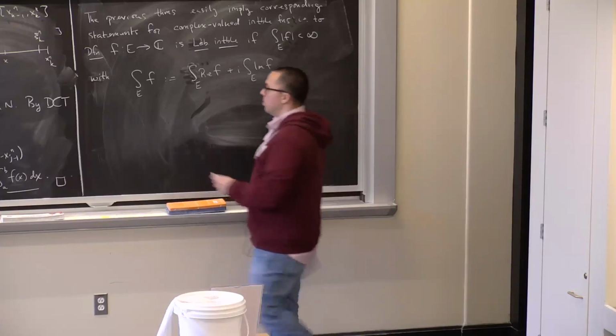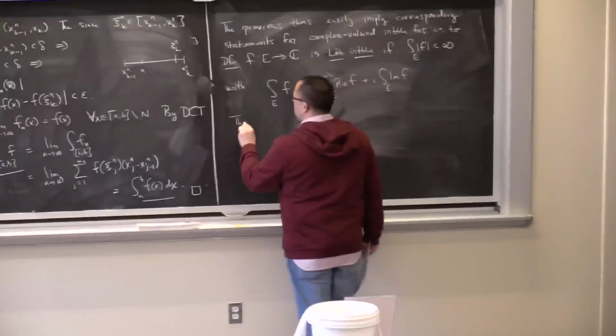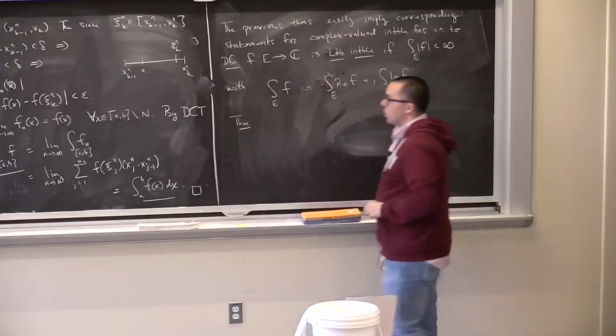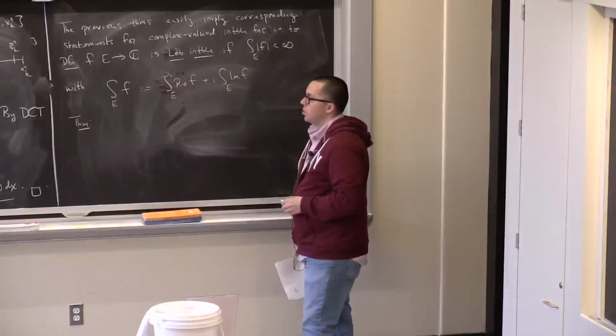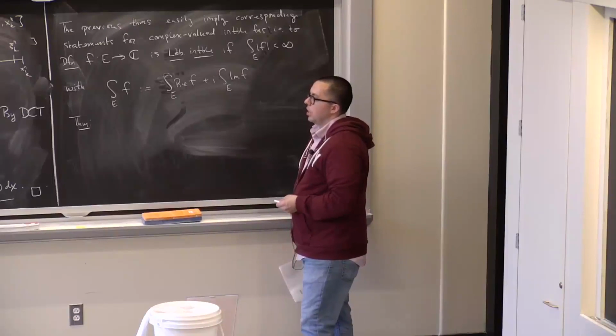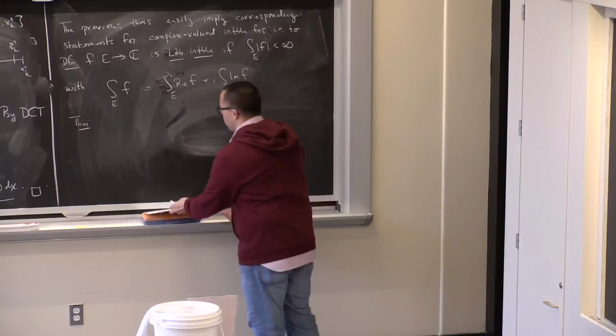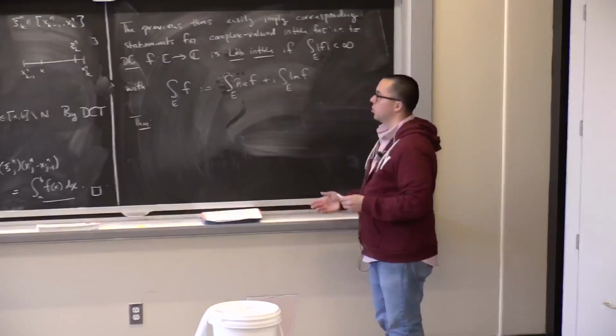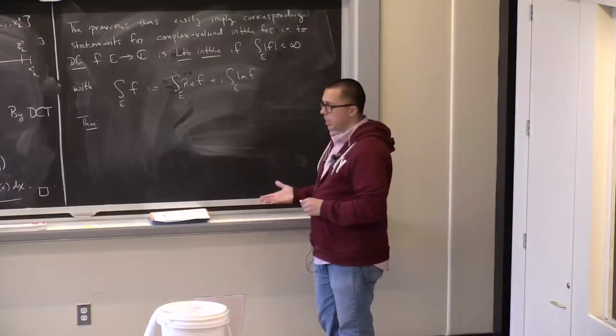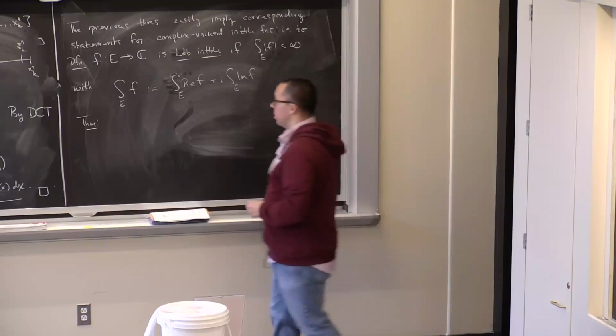Okay? Maybe what's not so clear is, or let me just at least give you the flavor of how you can use what you know about real valued integrable functions to get corresponding statements for complex valued integrable functions. Let's do the triangle inequality for integrals, right?